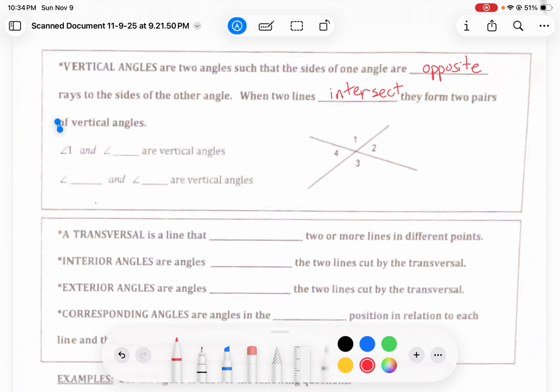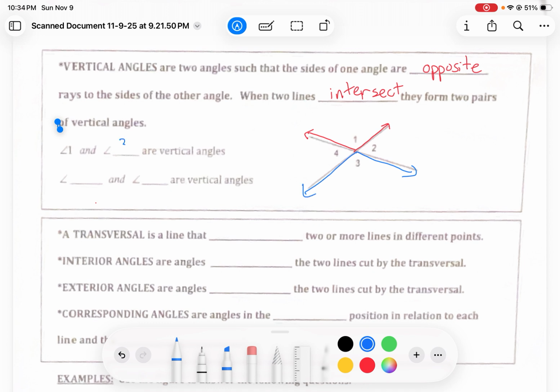So in our picture, angle 1 is this top angle, and angle 3, I'll make one red and I'll make 3 blue.